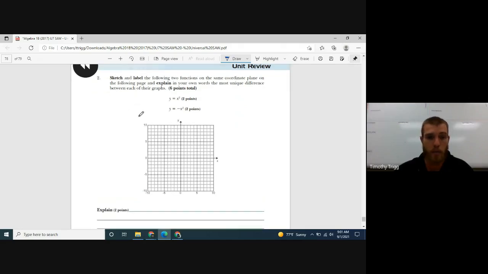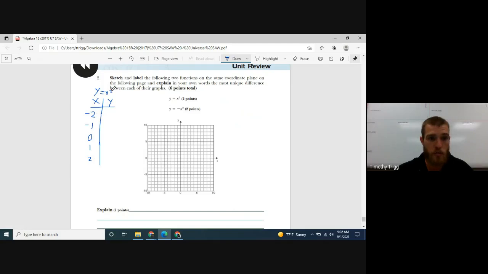Now, if you want, you could always do an xy chart like we did for the parabola in question 1, and we could just put some points here. So maybe I'll use the same points. This one is going to be for y equals x squared. Whatever value for x, I'm just going to square it, and that'll give me my y.